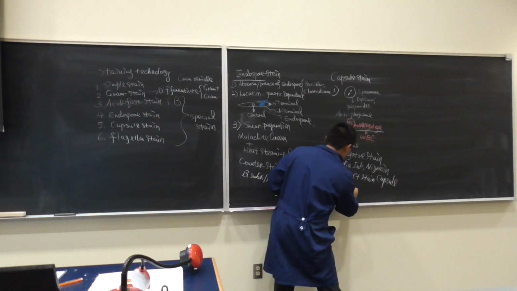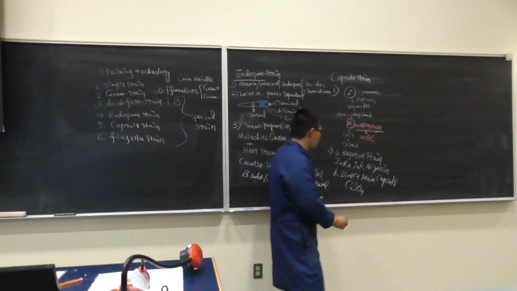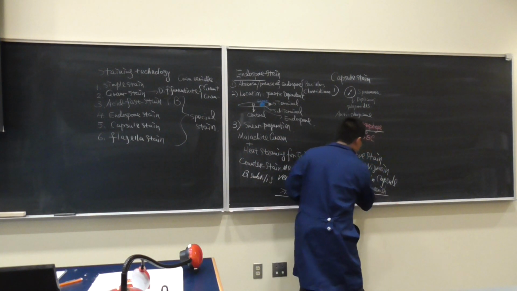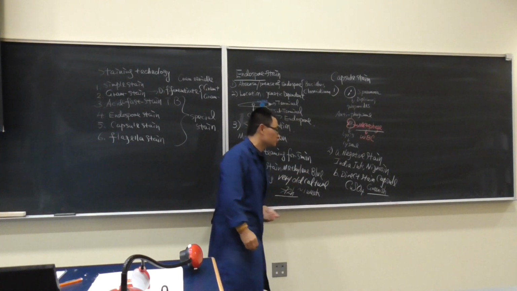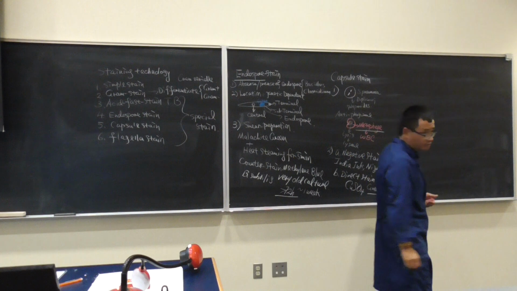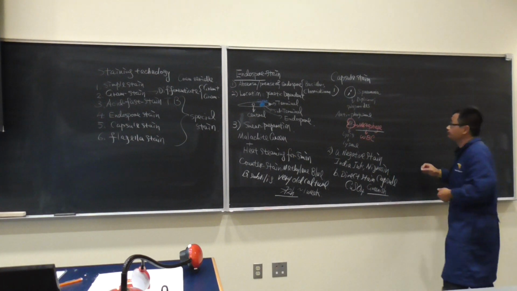We're using carbol fuchsin, which will stain somehow a greenish color, and it will show in the capsule. Okay, so there are two methods: directly stain, or you do a negative stain using nigrosin or India ink. So that's for the capsule stain.